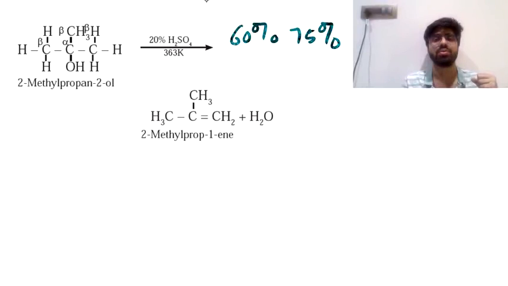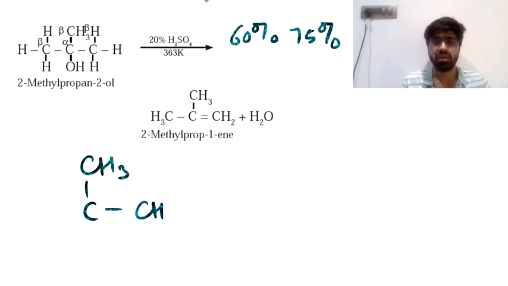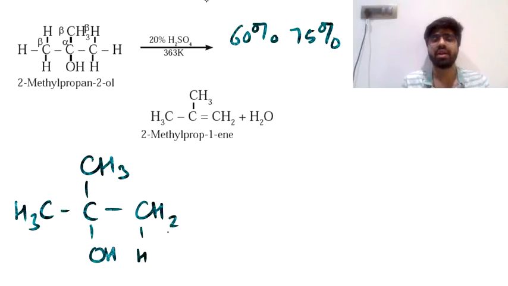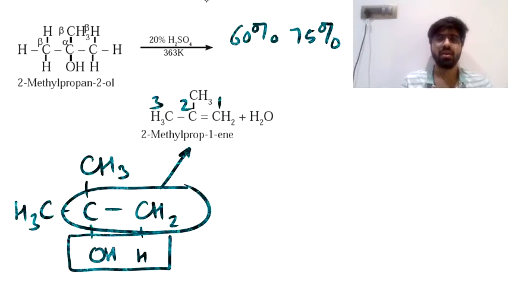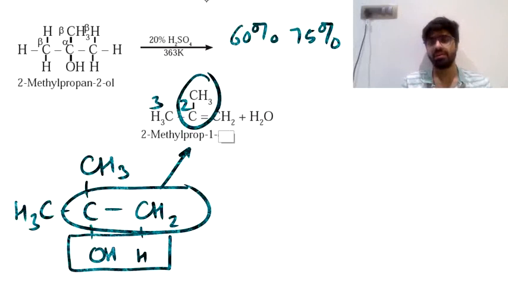So from here if you check the reaction, let's draw that compound again. CH3, C, it was a CH3 there. There's an OH here. I will write it as CH2 single bond H. So you can take out H2O from here, and the double bond gets formed between the two carbon atoms here, giving you this compound, and that compound can be named as 2-methyl propene.